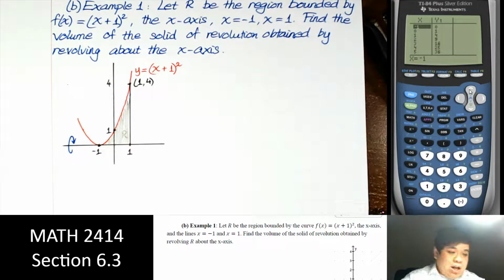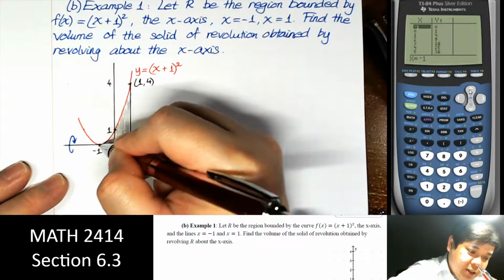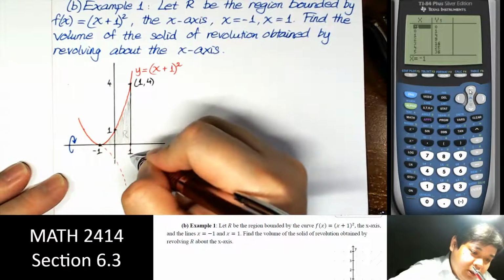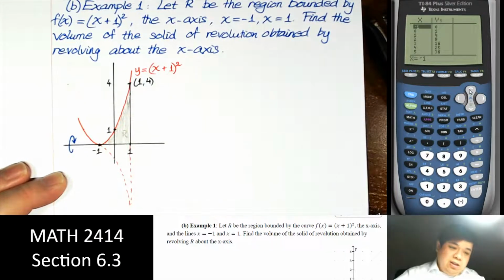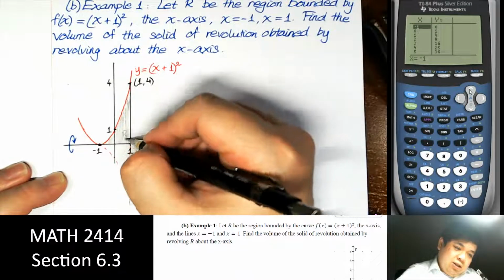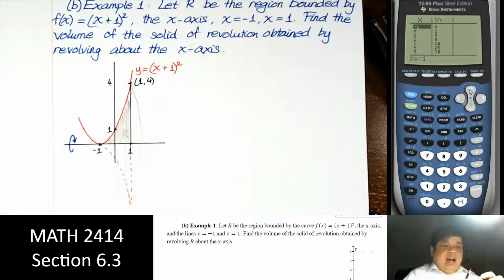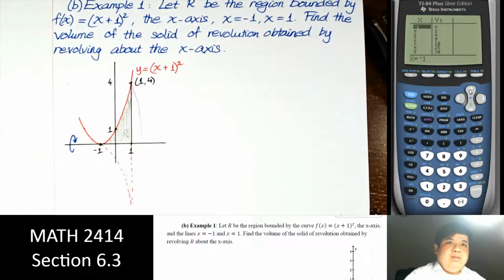If we rotate that, it looks something like this. I'm not sure what it looked like. It looked like a cone, but it's not straight. It kind of bended. Right.